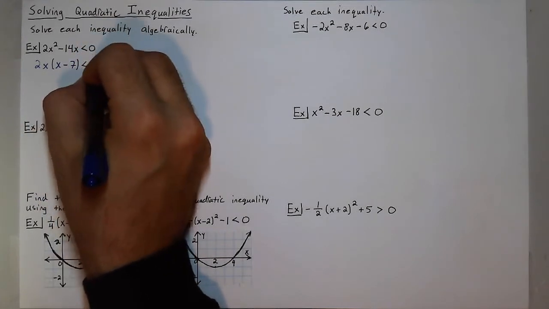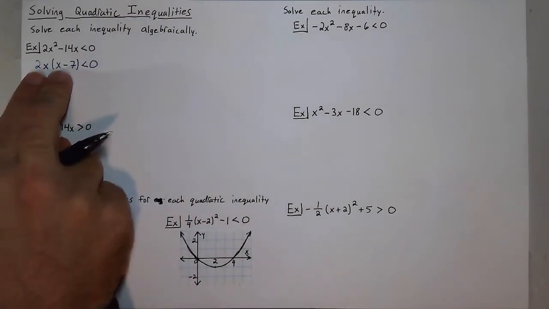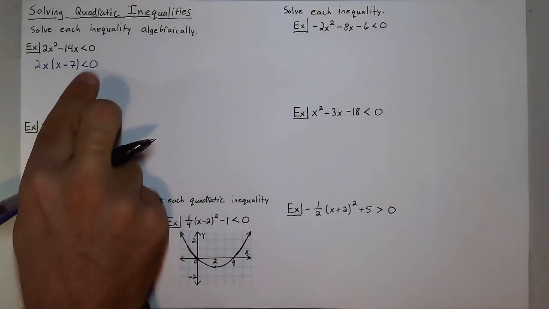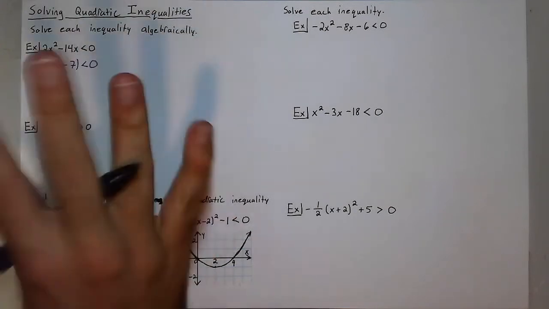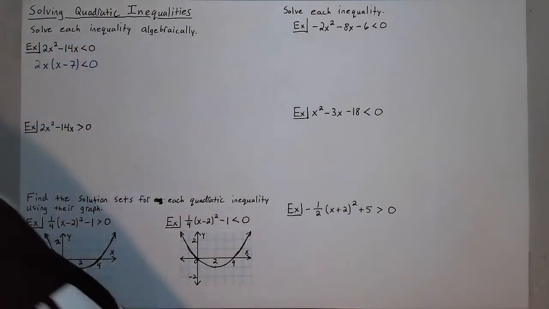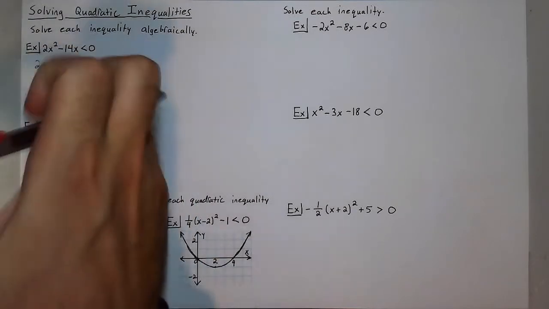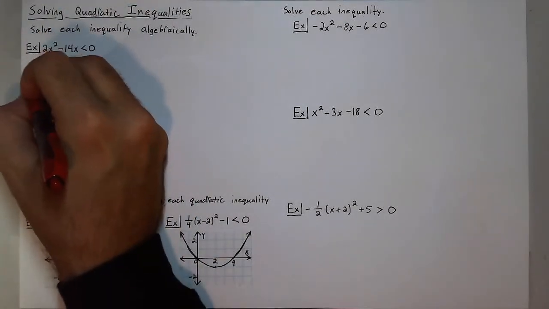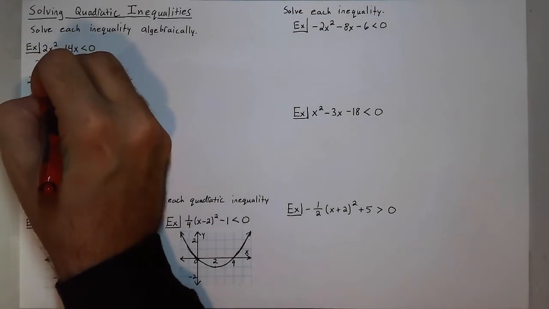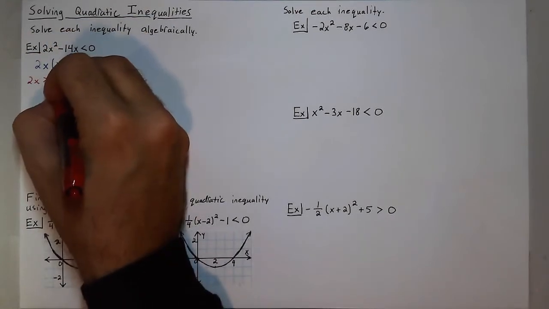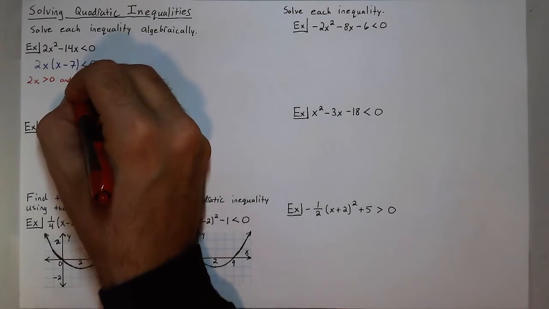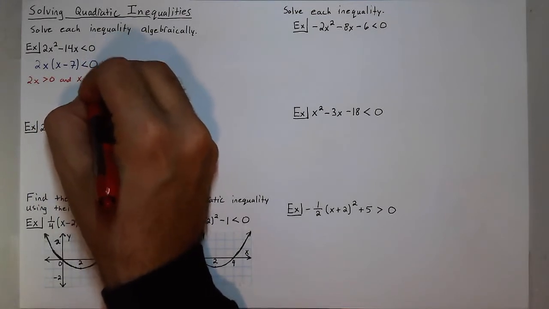Now I have two factors being multiplied that are less than 0, meaning it's a negative number. So there are two things that can be going on here. We could have 2x be a positive number and x minus 7 be a negative number.